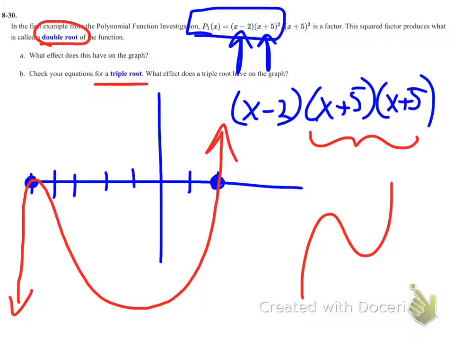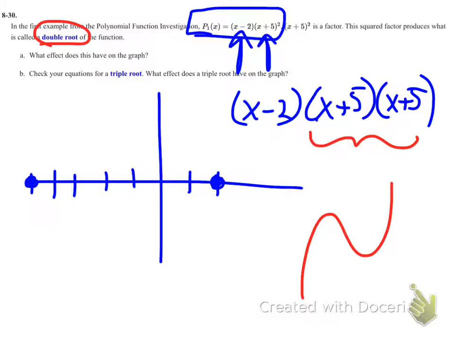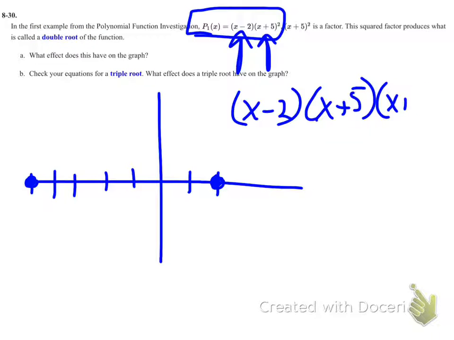If it is a triple root, so for instance if this problem, instead of being squared, was cubed, I still would only have those two x-intercepts. But now this is a fourth degree polynomial, which means my arrows will both be going the same direction, both positive.